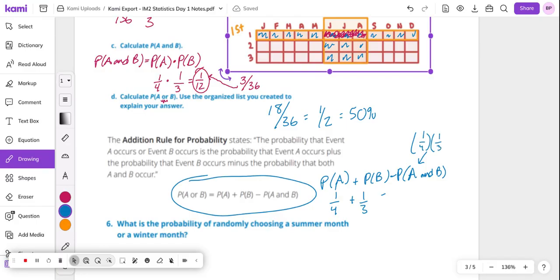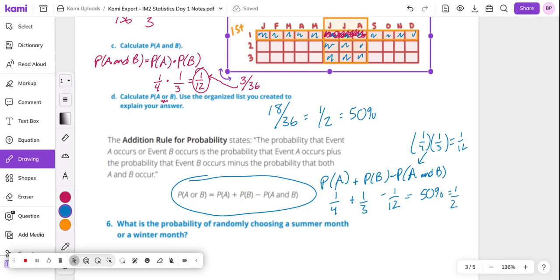So the and formula is kind of hiding within this or formula, and we know that that equals 1/12. So if we go 1/4 plus 1/3 minus 1/12, that comes out to 50%, or 1/2.